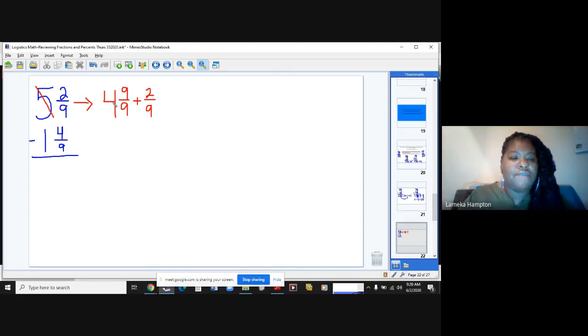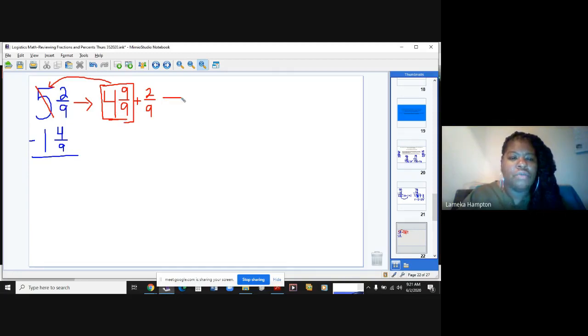So I have 4 and 9 over 9 because again, this, putting a box over this right here, okay? This is equal to 5. So I want you to make sure that you catch that connection. Okay, so 4 plus 1 is equal to the 5. And I simply just added my 2/9 to this problem.